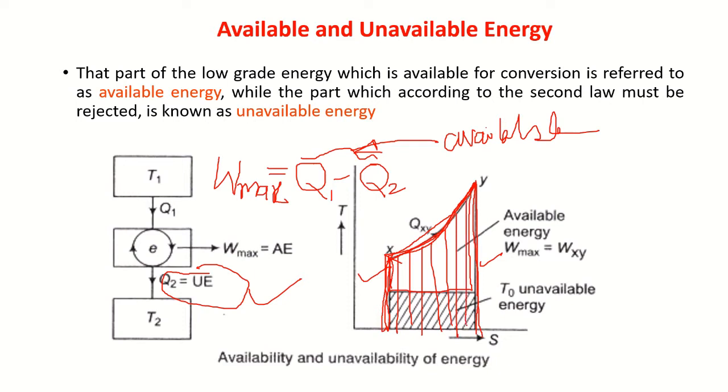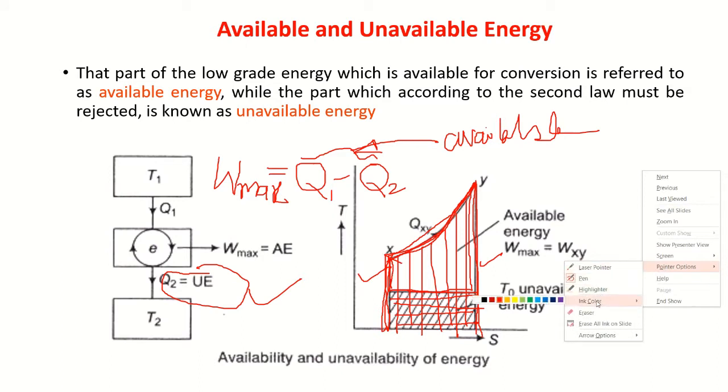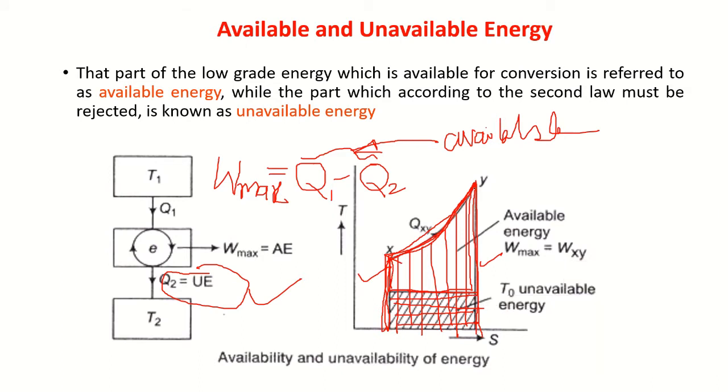Then during this process, let us assume the heat has been rejected. That is this area. So the heat that has been converted to work is this much. This I call it as available energy. And this I call it as unavailable energy.